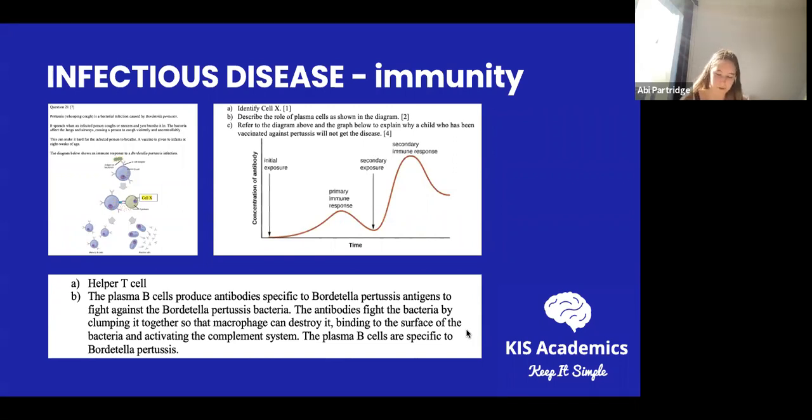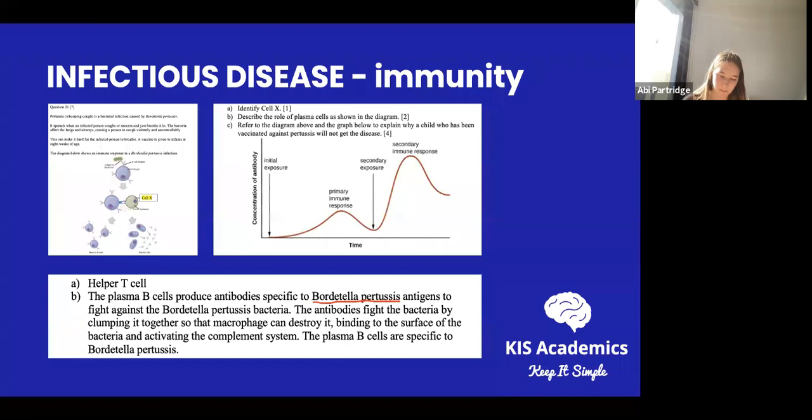Make sure you use the specific name of the bacteria. That's good, it shows you've actually read the question and you're not just writing down whatever you feel like.